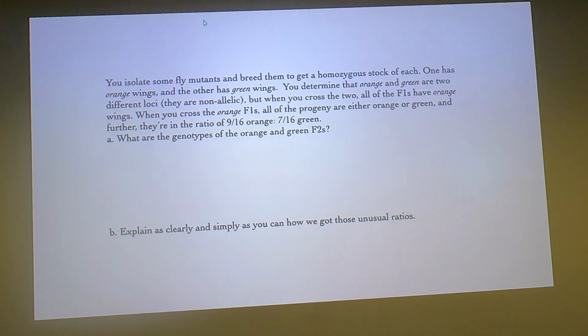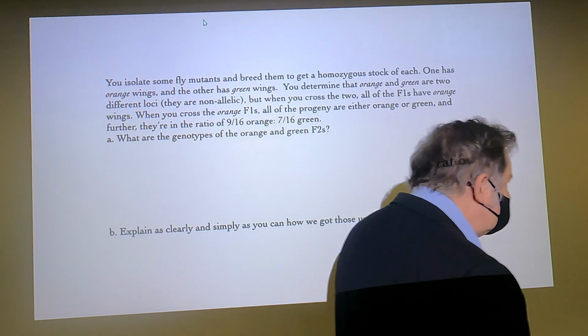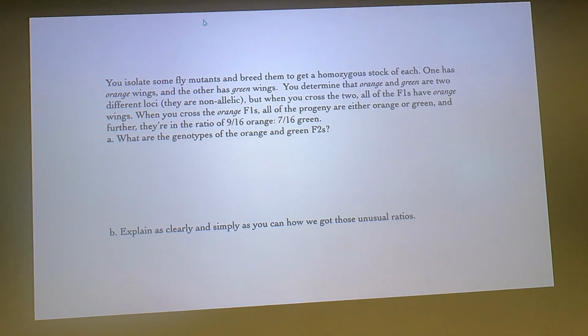What's funny about those numbers? Okay, if we were expecting a dihybrid cross, and I said we think we should get a 9 to 3 to 3 to 1 ratio, but we get a 9 to 7, where could the 7 have come from? Is it the 3 to 3 to 1?